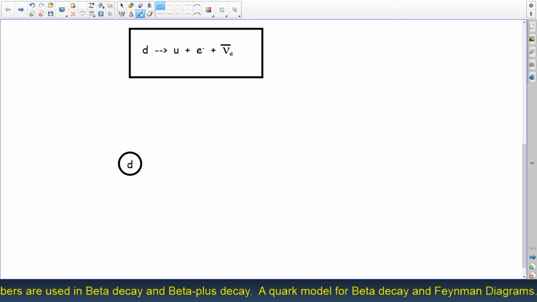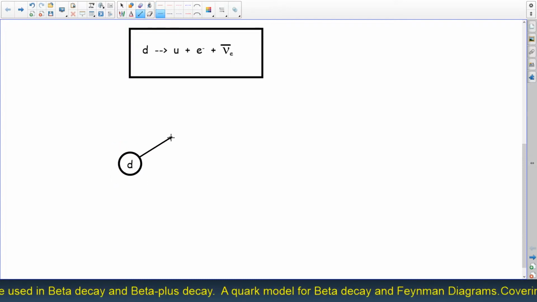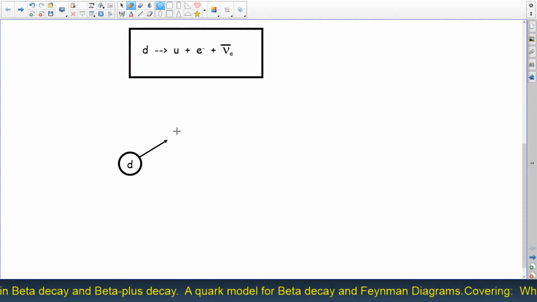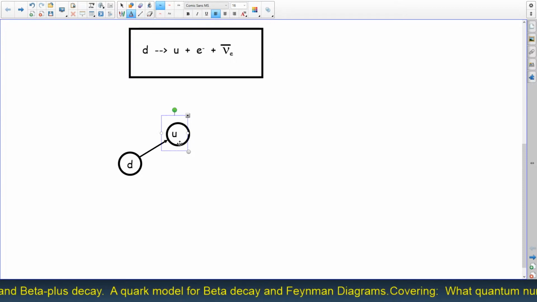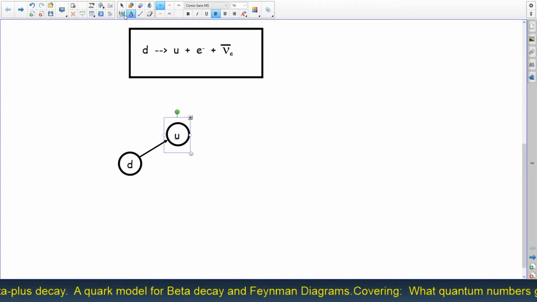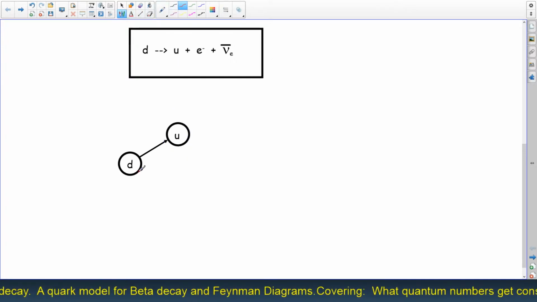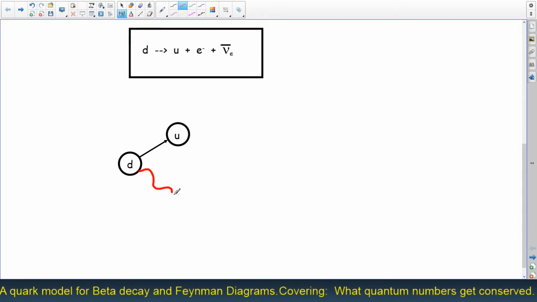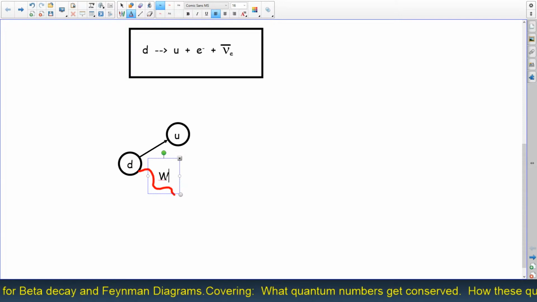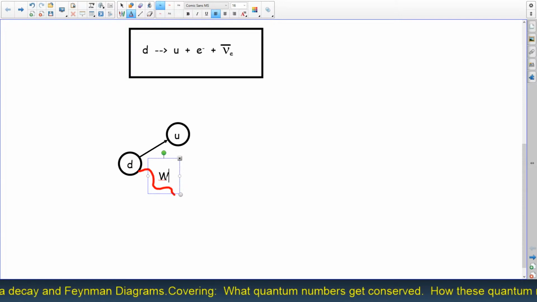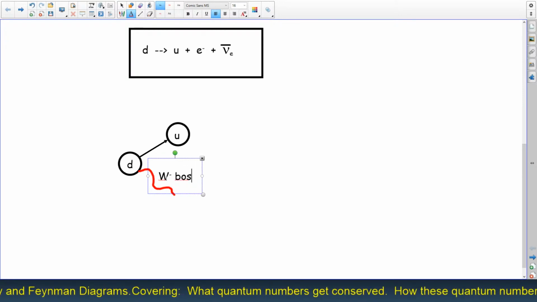Our down quark will then split and become an up quark, which is fine. Right? And it will release a force carrying particle that is a W minus boson.